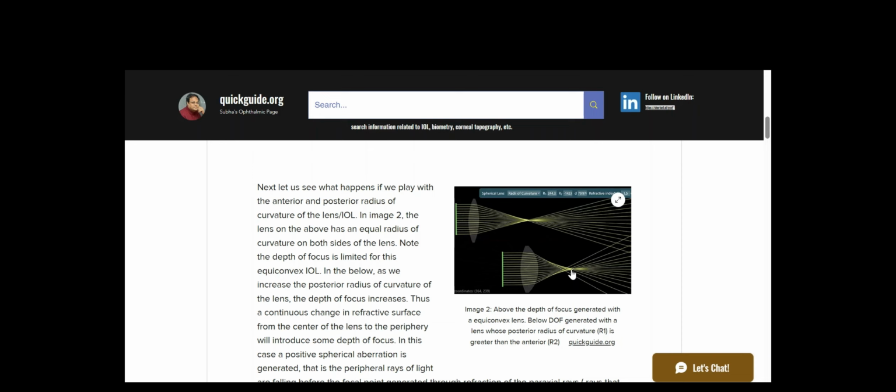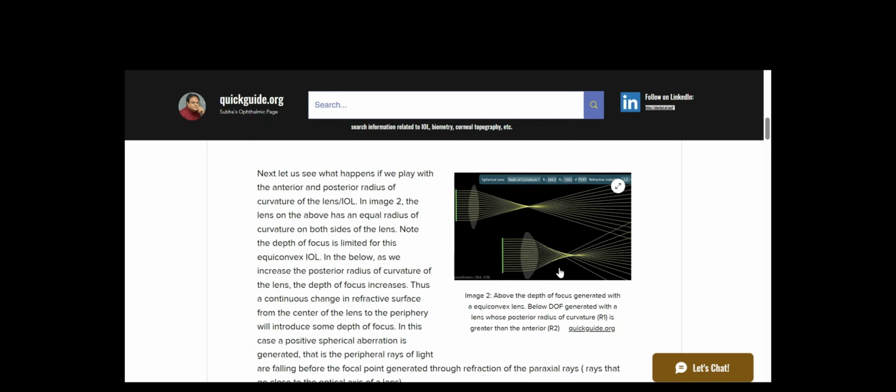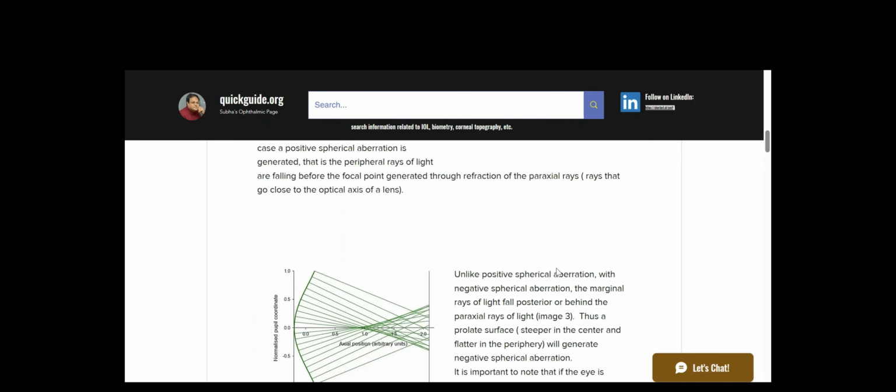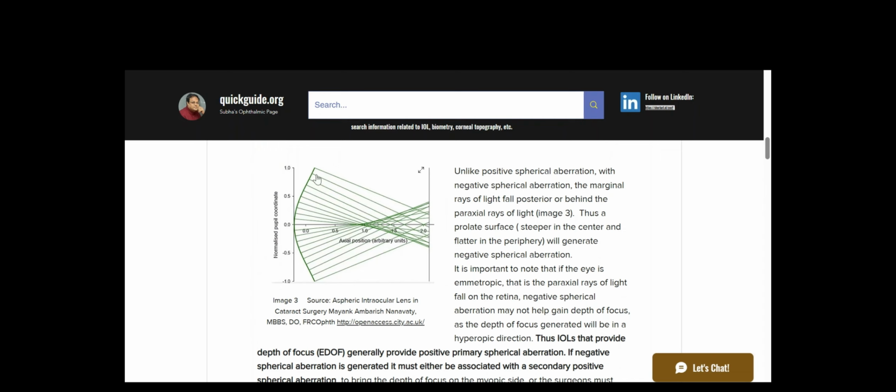You see the focal point here, but other rays of light, as you move from the center to the periphery, show more positive spherical aberration. They're focused more strongly here. The opposite of this is a negative spherical aberration. Negative spherical aberration is what?